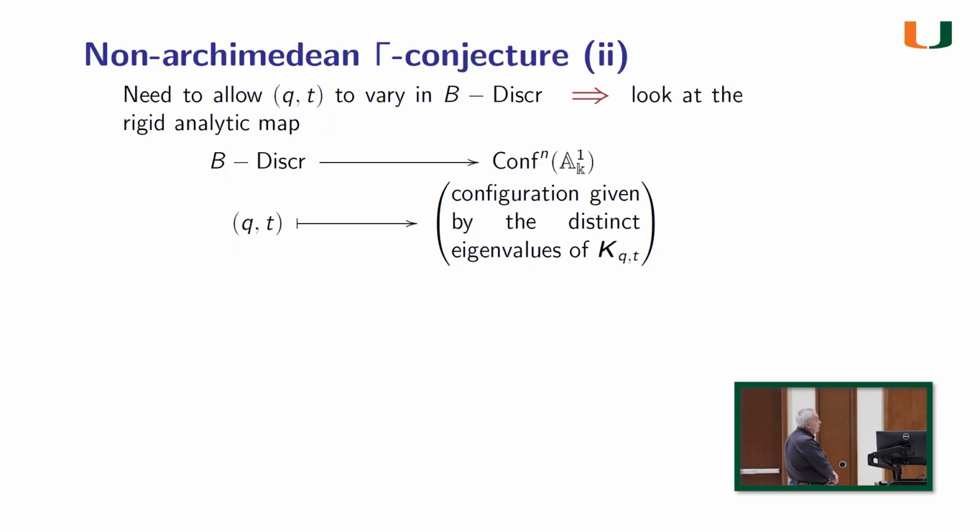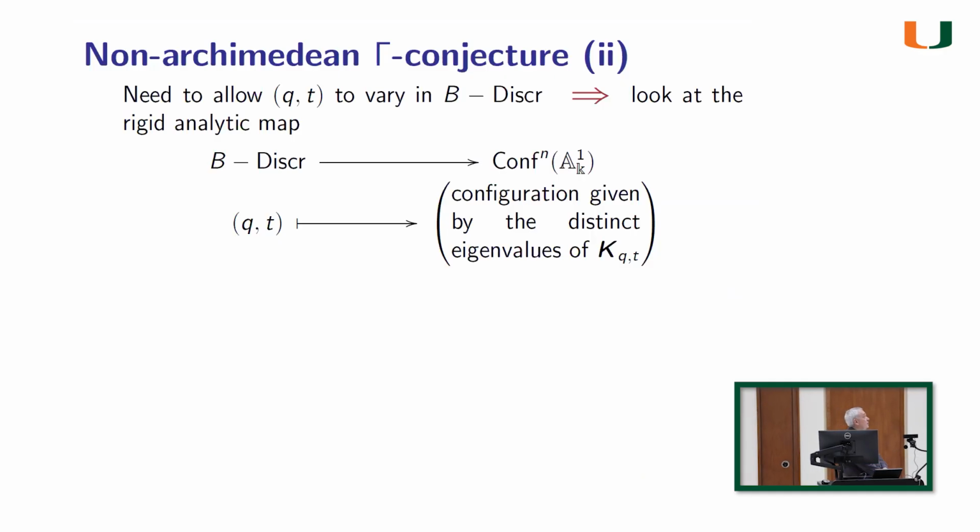And now you want to allow the points to vary in the Frobenius manifold minus the branch divisor for the spectral cover. If you take the manifold minus the branch divisor of the spectral cover, it maps to the configuration space of points in the affine line given by the eigenvalues of the Euler vector field at that point.